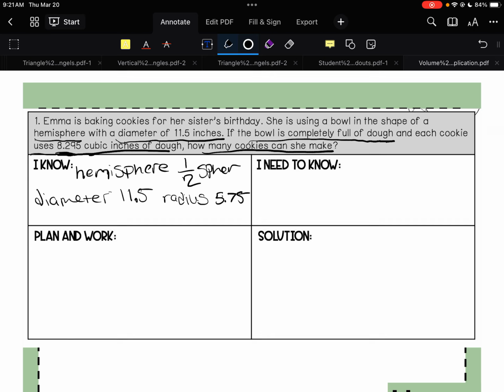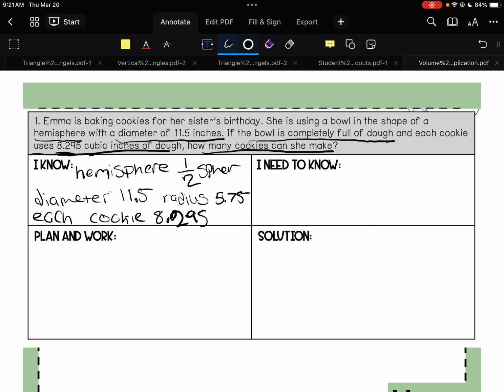And then we know each cookie is 8.295. So what do we need to know?